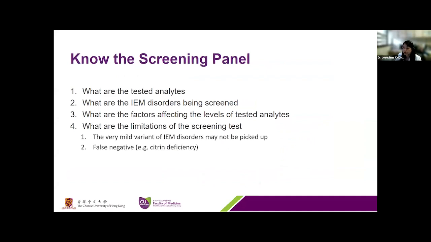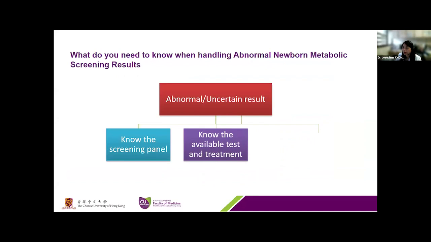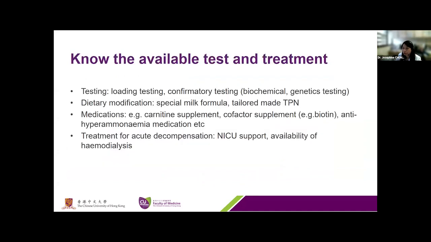Then we also need to understand the availability of testing and treatment in the hospital when calling back the patient, because some conditions may need special milk formula, TPN, or certain medications that help acute treatment to get rid of the high toxic analytes.